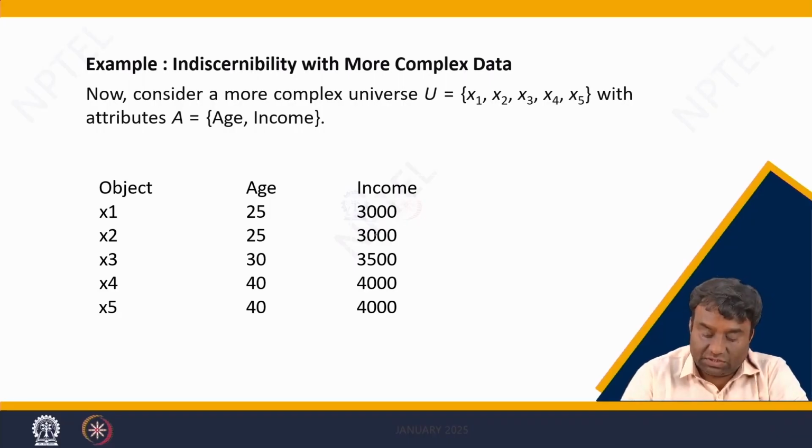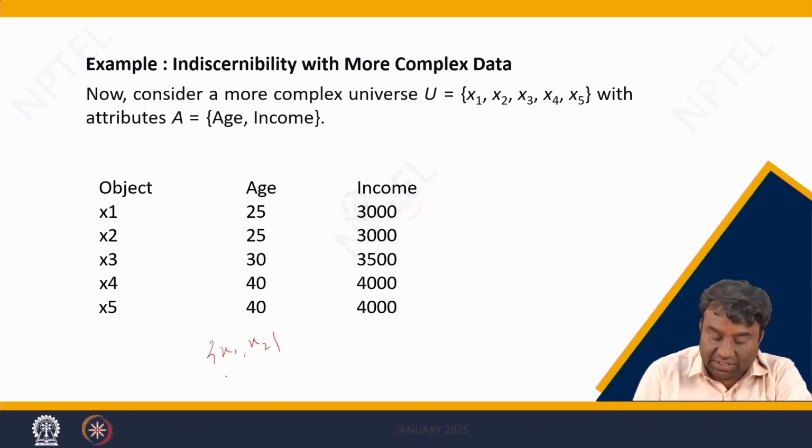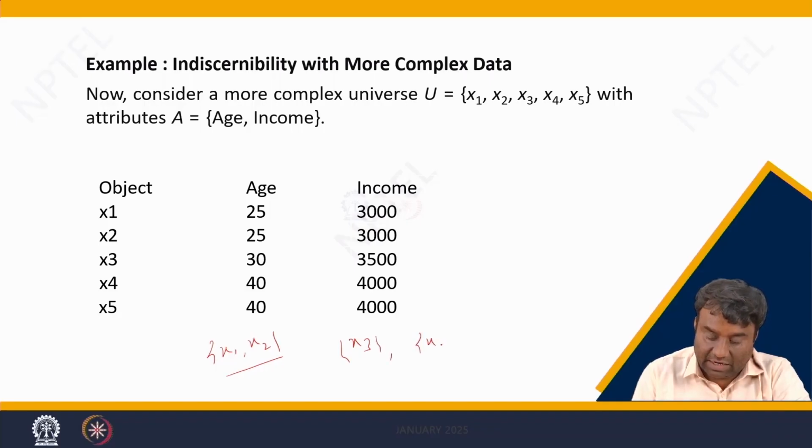Income is 3000 for x1, 3000 for x2, 3500 for x3, 4000 for x4, and 4000 for x5. Now you can say that x1 and x2 are indiscernible. Similarly, x3 is different, and x4 and x5 are also indiscernible.